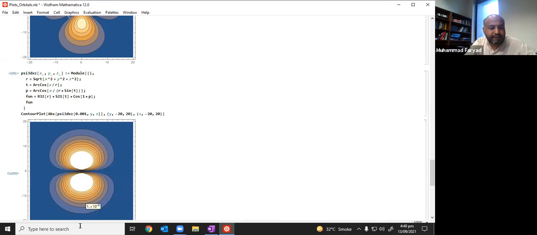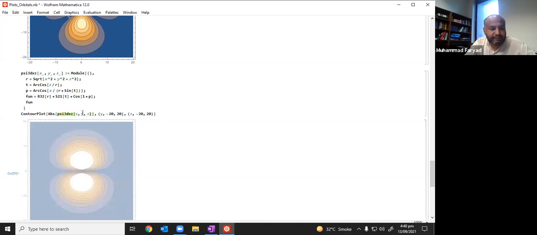So in the YZ plane it has only one lobe, but let's check it in the XZ plane.